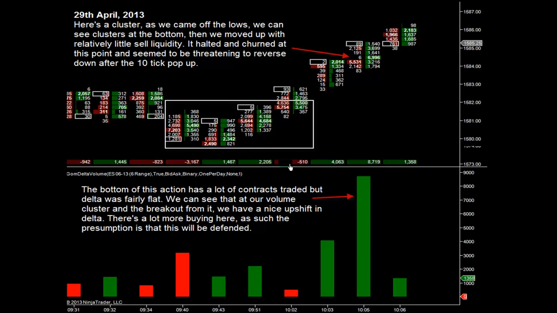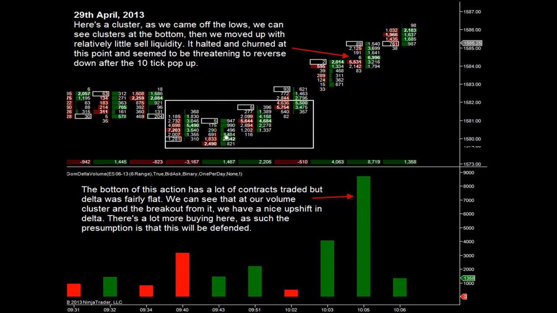So if you were watching the delta for clues of what was going on, it wouldn't really be giving you much of a clue. The delta only starts building as we move away from the low, and that's where the delta starts giving us some confirmation in terms of a long bias. But otherwise, looking at the delta, you really wouldn't have a clue that exceptional volume had traded in this area.